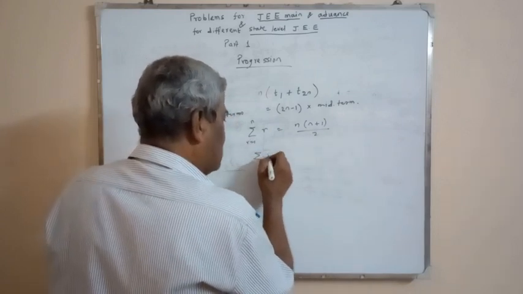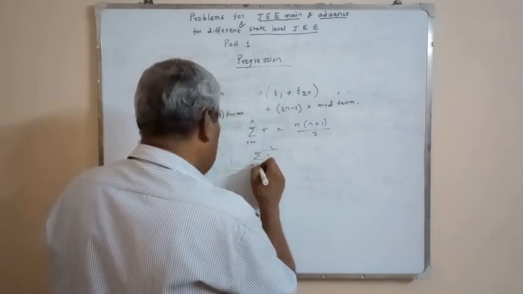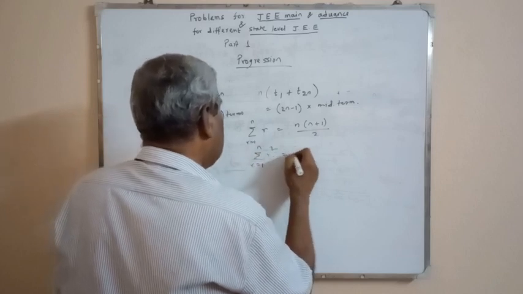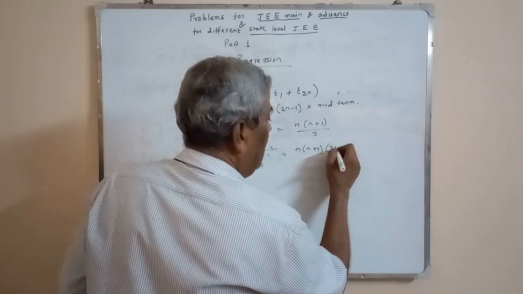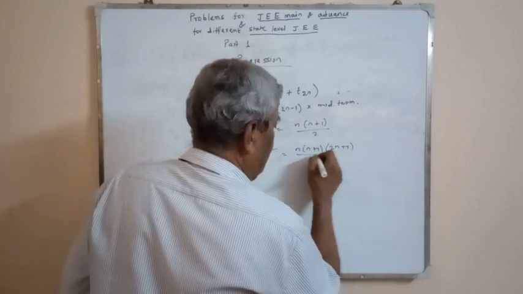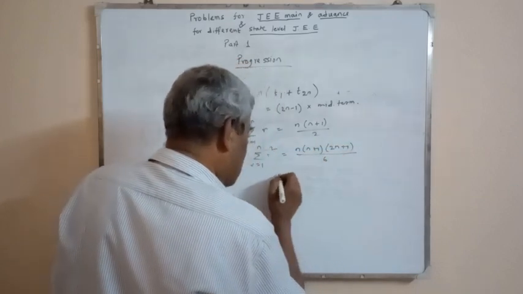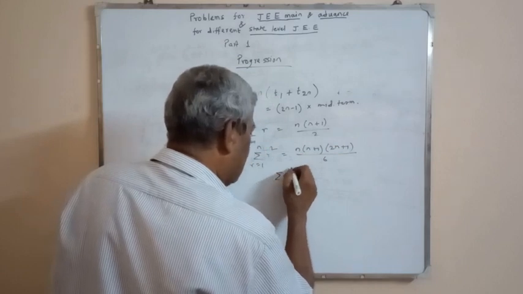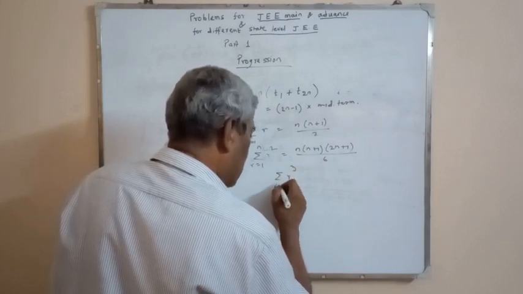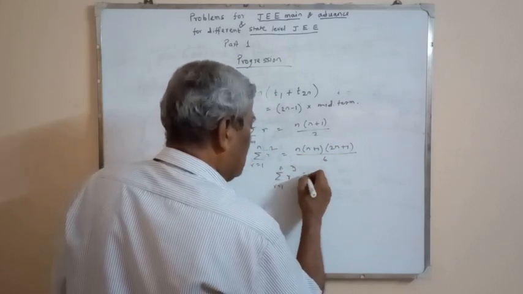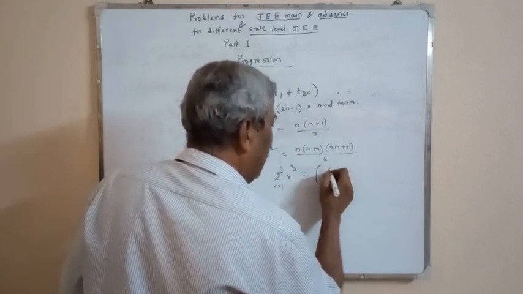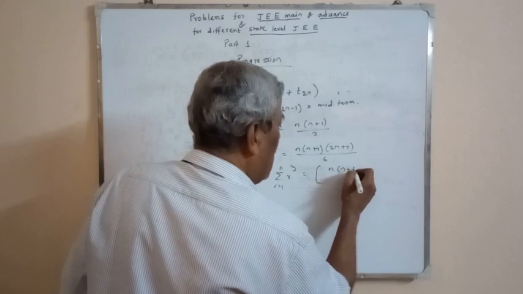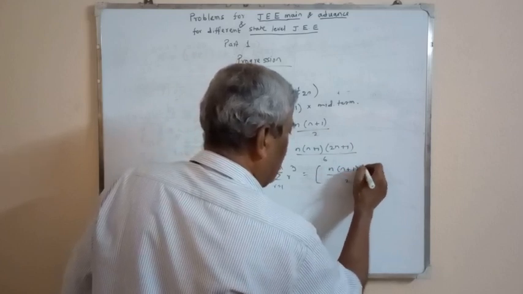Similarly, sigma r square, r is equal to 1 to n, is equal to n into (n plus 1) into (2n plus 1) by 6, and sigma of r cube, r is equal to 1 to n, is equal to the square of that, that is, [n into (n plus 1) by 2] whole square.